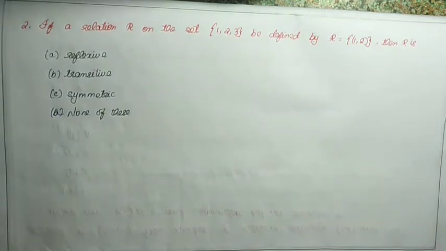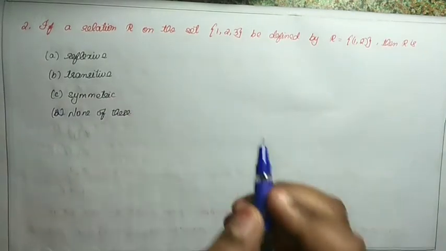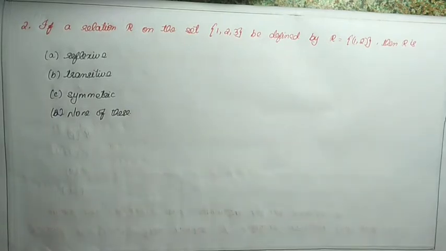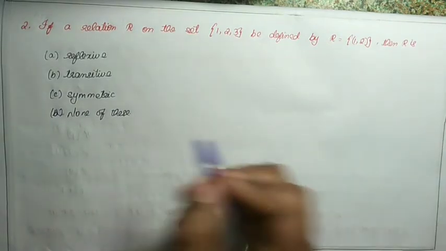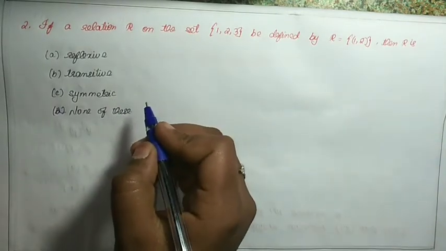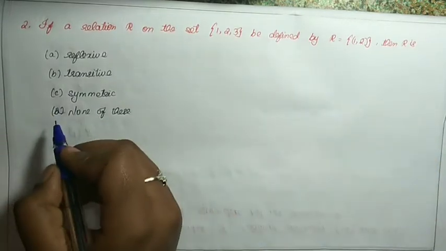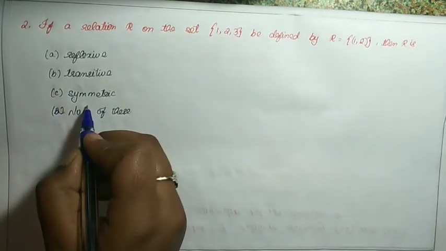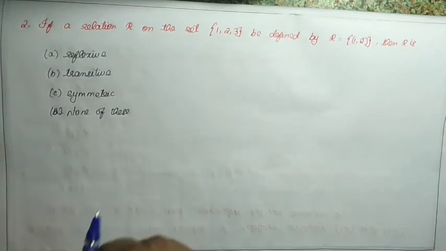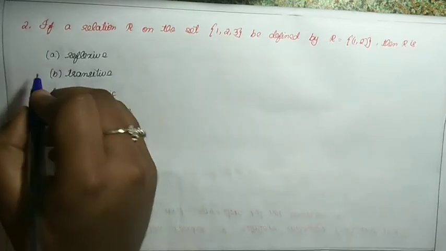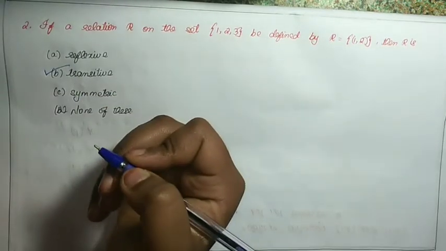If it is reflexive, we need A comma A. It's not there. Fine. For transitive, we need A comma B, B comma C, and A comma C, right? For symmetric, we need A comma B and B comma A. When nothing is there, automatically our mind will choose none of these, right? But that's not right. The answer is option B, transitive.